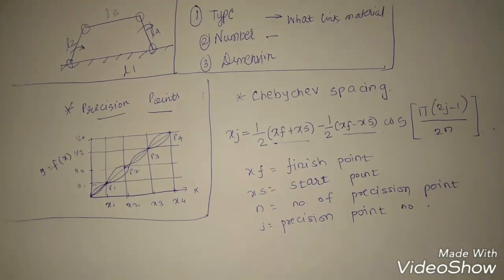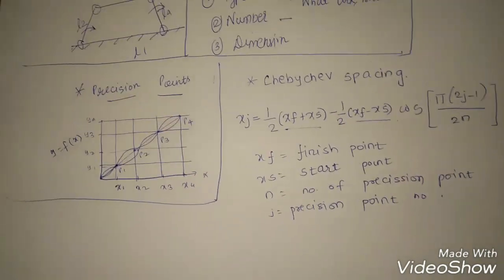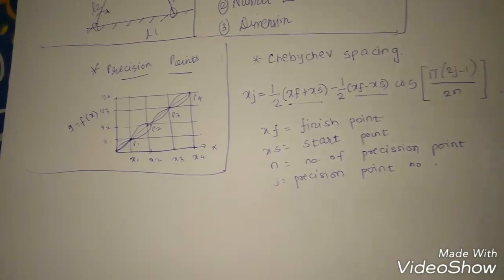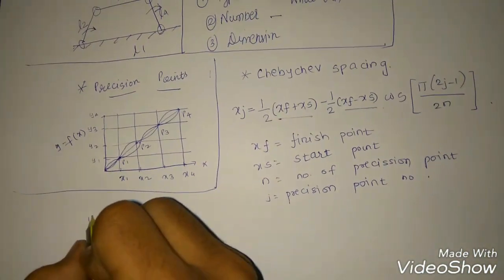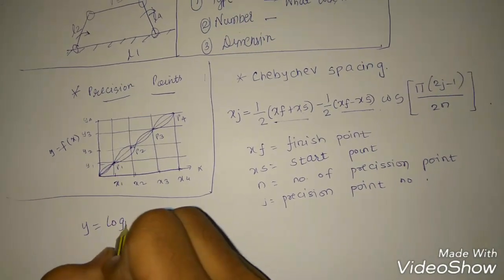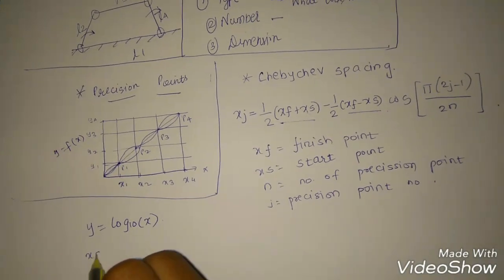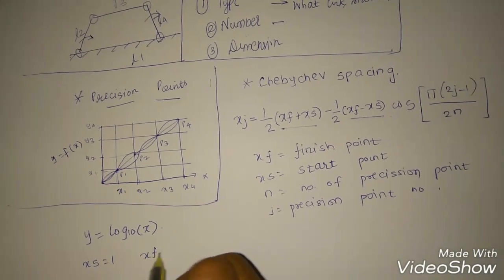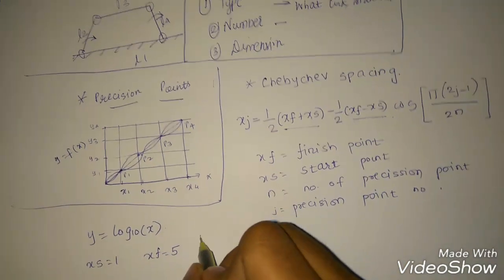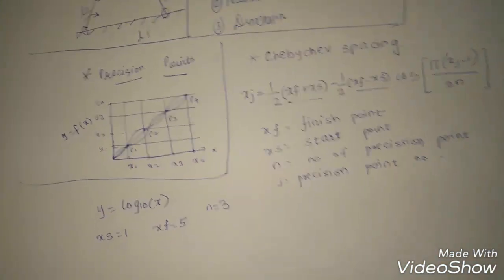So let's take a numerical and see what the Chebyshev spacing is and how it works. Consider a function y is equal to log base 10 of x. We have been given the start point as 1 and the finish point as 5, and we have to equally space it in 3 precision points.